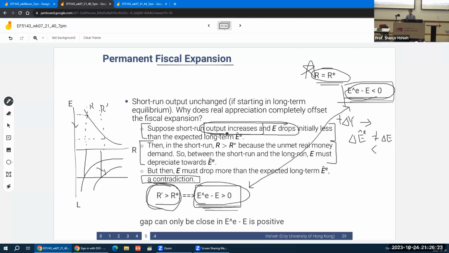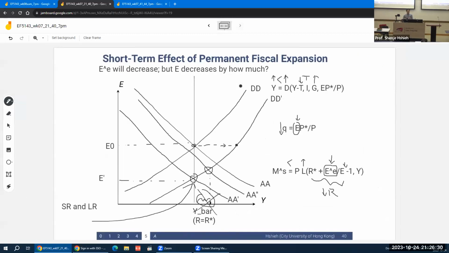So the way it works is we first assume that there's indeed an output. Suppose there is an output. Based on this graph, it should be easy to see that if expectations change, E must change by the same amount, right? In order to restore money market equilibrium. But suppose we don't. Suppose we don't let E change by the same amount to restore equilibrium.